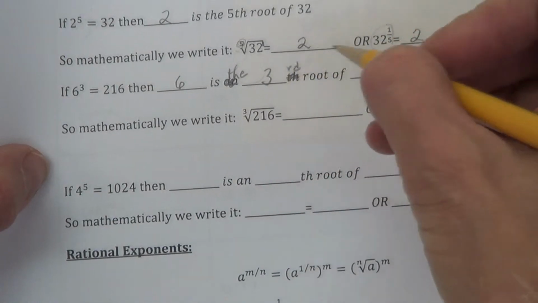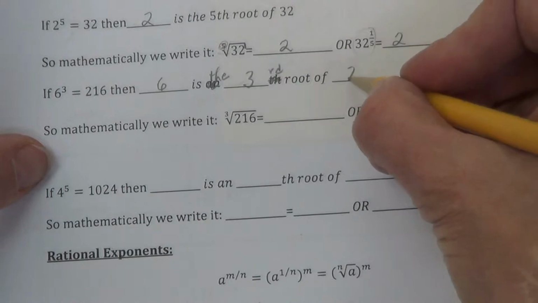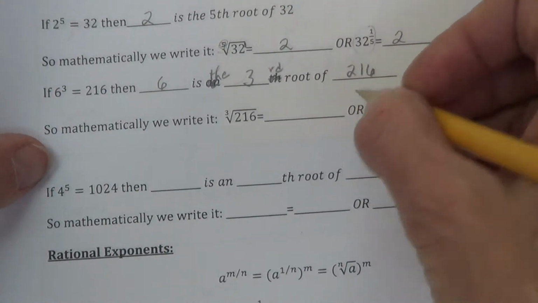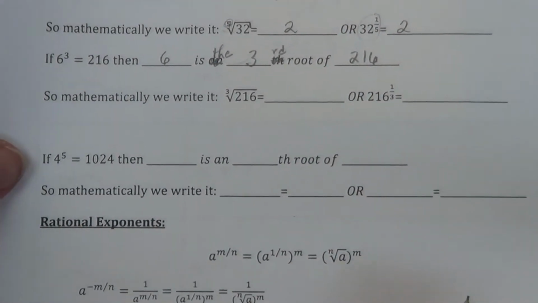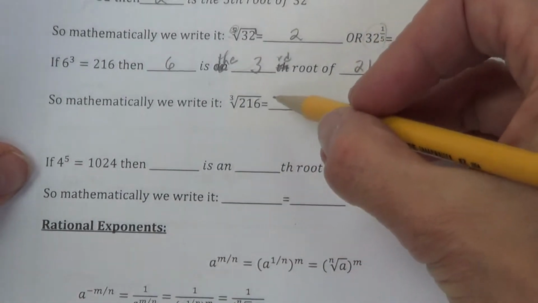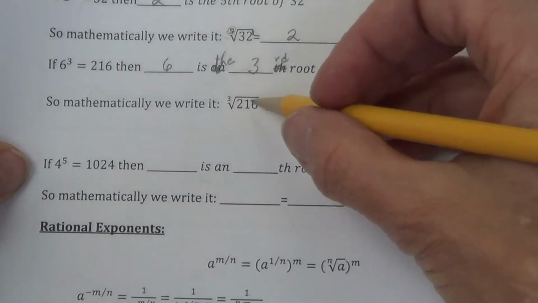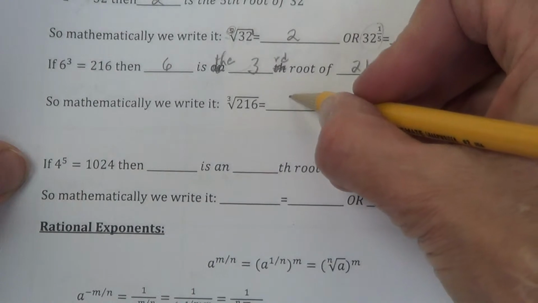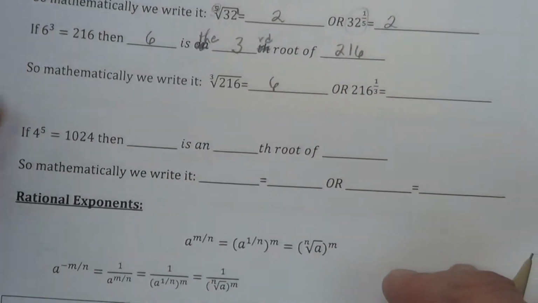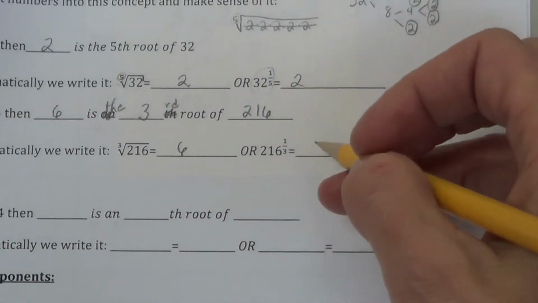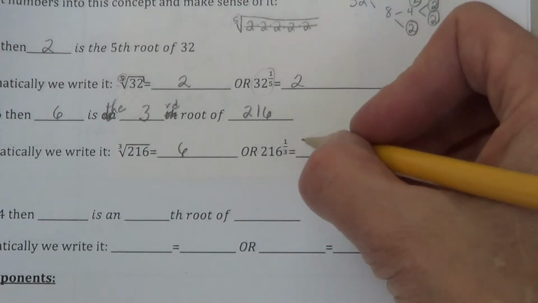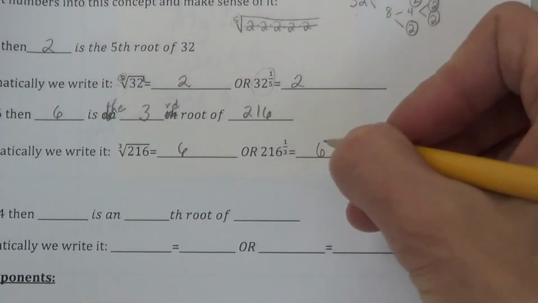And our next step would be to say, well, that means that the cube root of 216, or the 3rd root of 216, equals 6. We can also say 216 raised to the 1/3 is equal to 6.